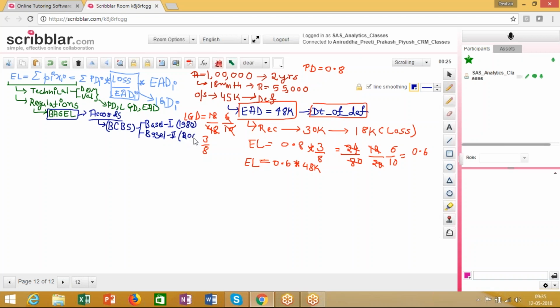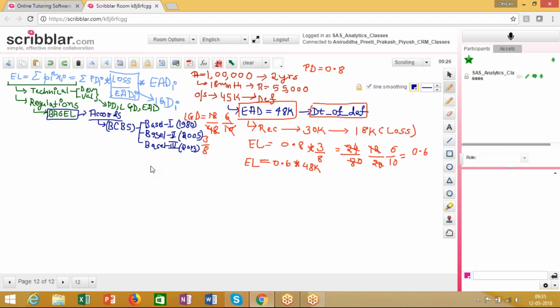So Basel 2 is one of the path-breaking resolutions that could have happened, and from there you have Basel 3, which came up mostly in 2013, I guess. Basel 3 came up in 2013, and it had concretized the gaps which were prevalent in the previous approaches, and Basel 4 is on the way. Right. So these are the different versions of Basel, and with each version, the accords started getting more and more stringent.